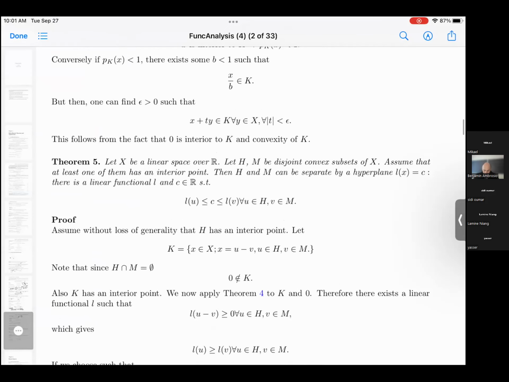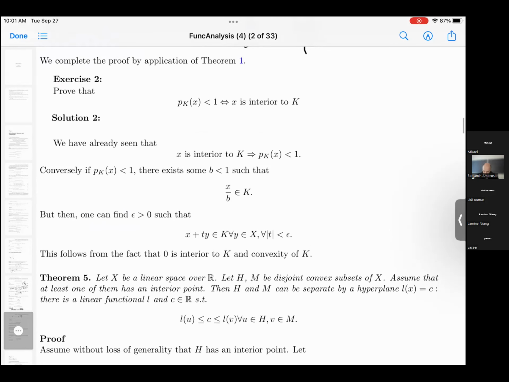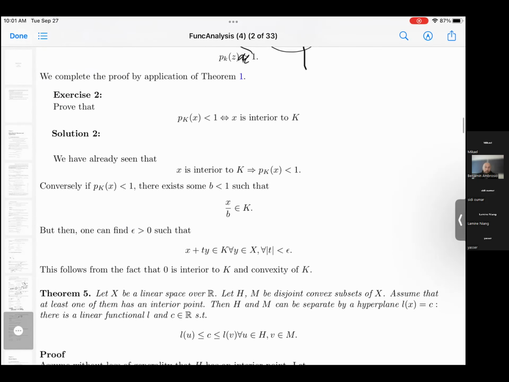So theorem 5 is what now? Instead of one convex, you have two convex, H and M, which are disjoint subsets of X, and you assume that at least one of them has an interior point.